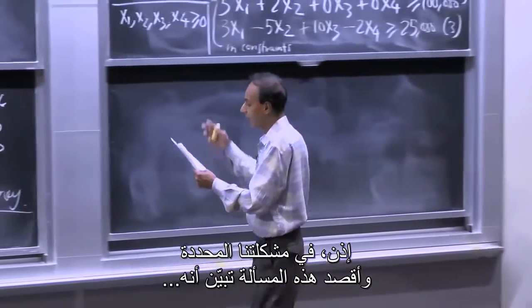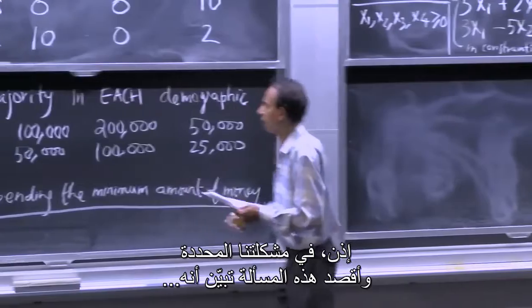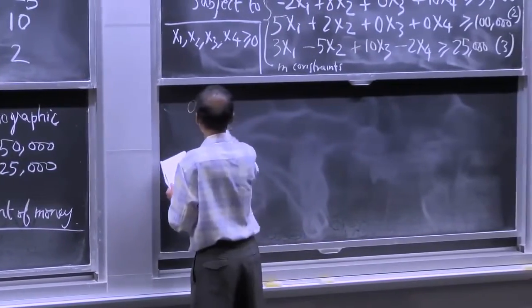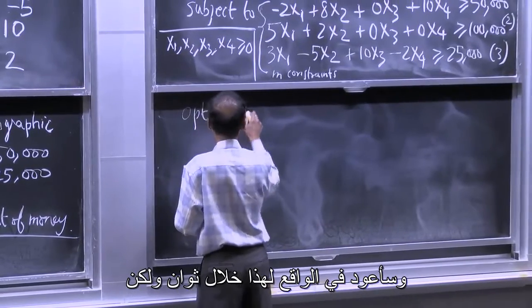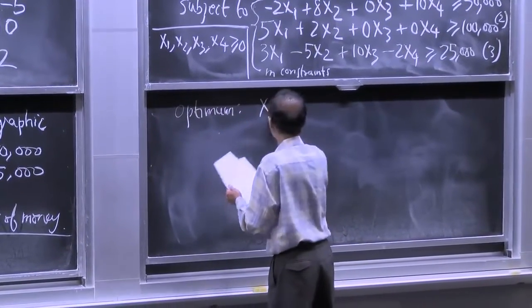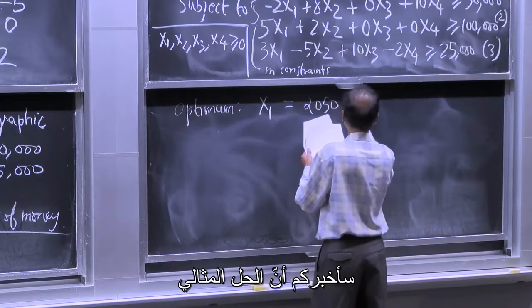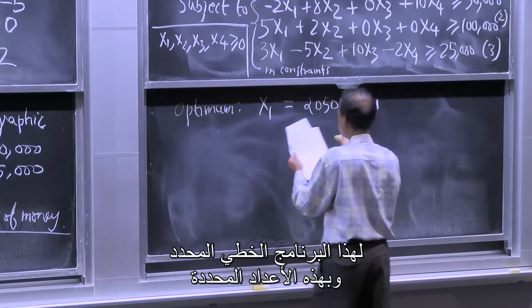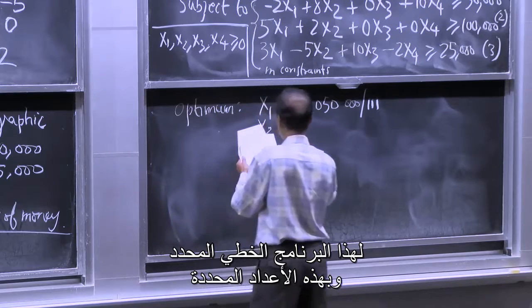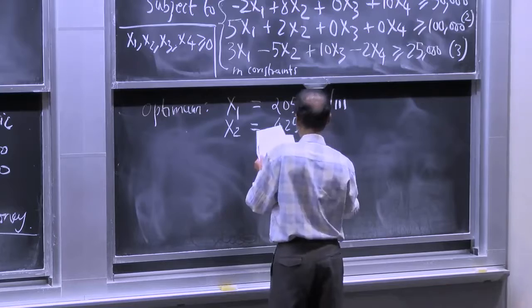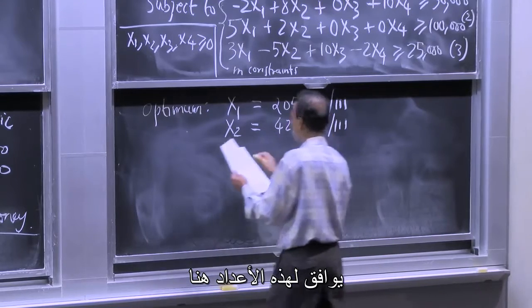So in our particular problem, and I'm actually going to come back to this in a second, I will just tell you that the optimum for this particular linear program with these particular numbers corresponds to these numbers here.